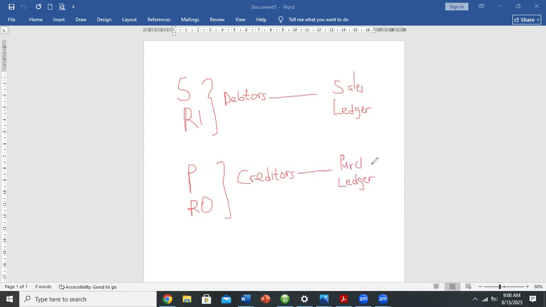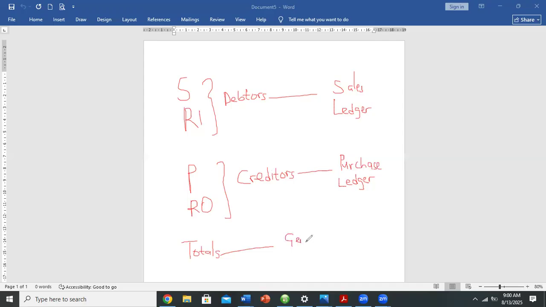Okay. Then when you are done, as we saw the totals, all the totals in these 4 day books, that is total credit sales, total returns inwards, total credit purchases, total returns outwards, will go to the general ledger.